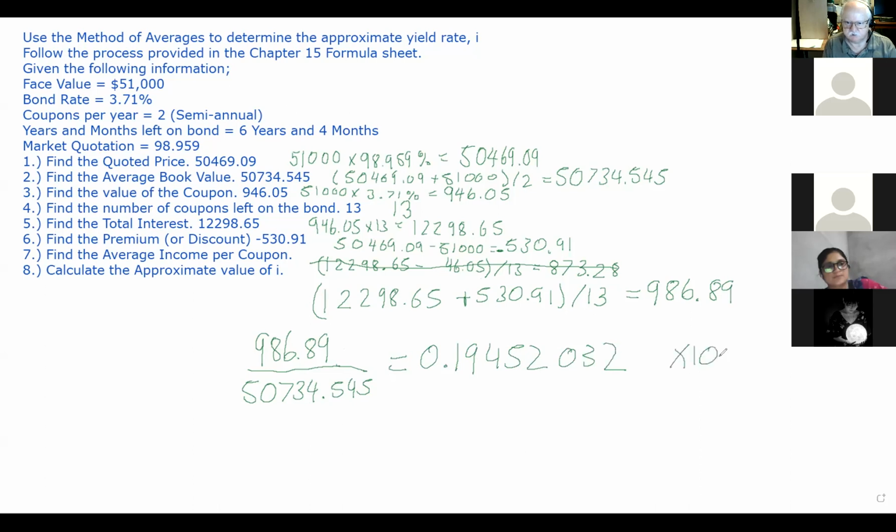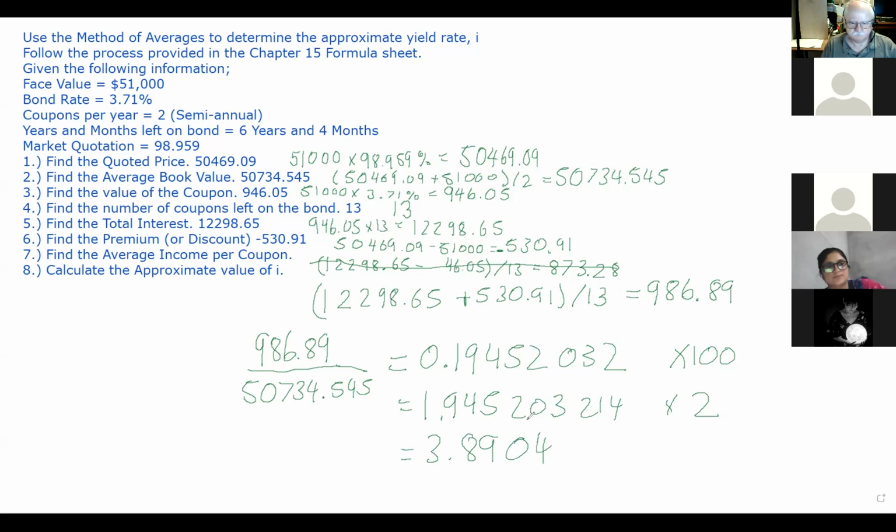And we're going to go times 100 to turn it into a percentage. And we get 1.945203214, and then times 2 because it's semi-annual. And we're going to round it to 4 decimals, 3.8904.